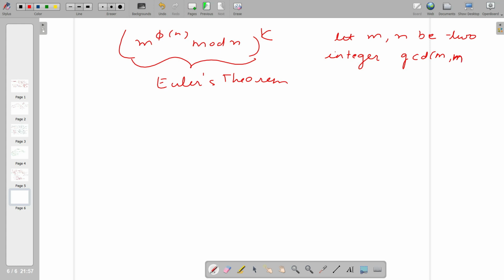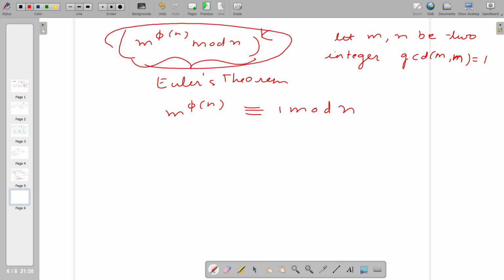If GCD of m comma n is equal to 1, then m to the power phi n is congruent to 1 mod n. So this complete part comes out to be 1. When it comes out to be 1, it becomes M mod n.